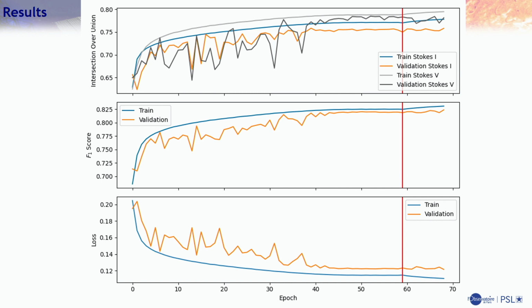And then the F1 score, again, increasing as the epochs go along. This red line here marks the point where I stop training at a certain level, and then decrease the learning rate and unfreeze some of the frozen encoder parts.